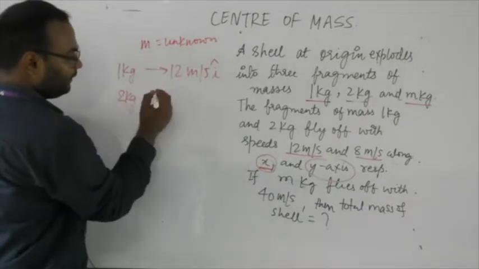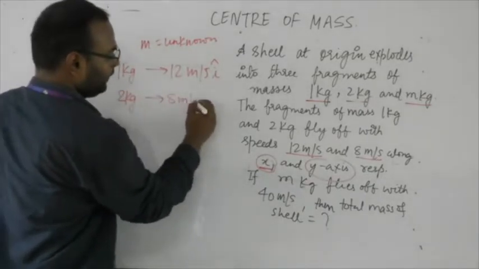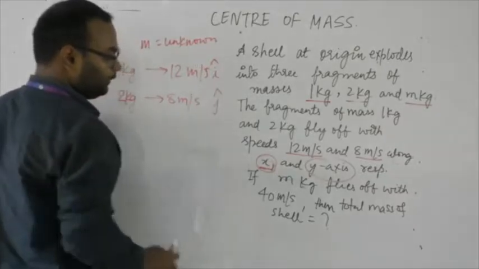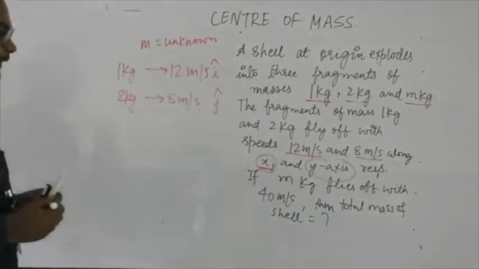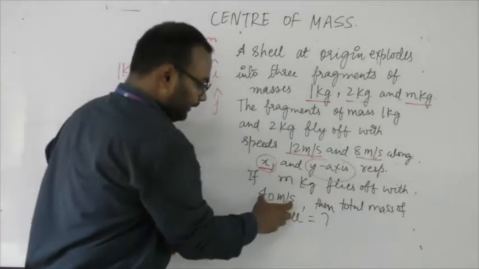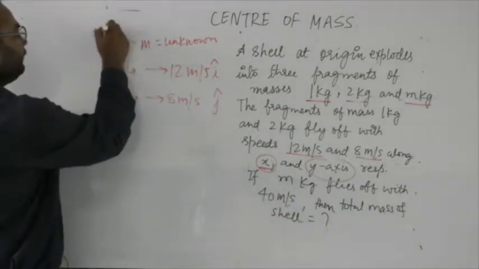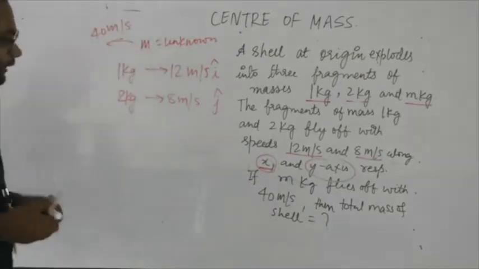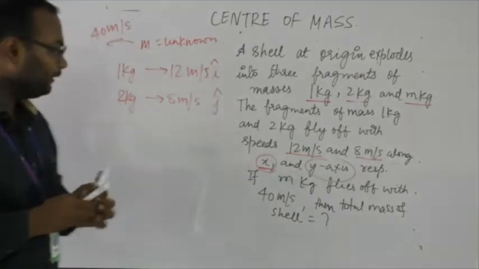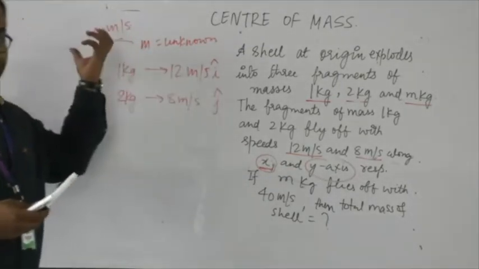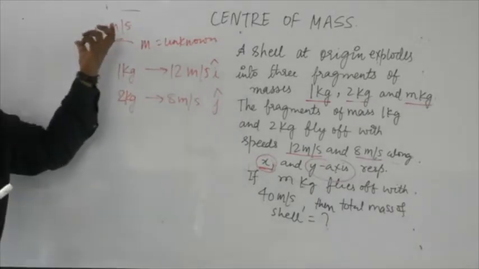The 2 kg mass is going with 8 meter per second along y axis, so j cap. If m kg flies off with 40 meter per second, that means this m has a velocity of 40 meter per second, but we don't know the direction, so we cannot denote i j in that. That is the magnitude of velocity given to you.